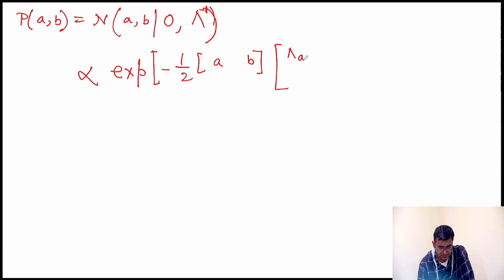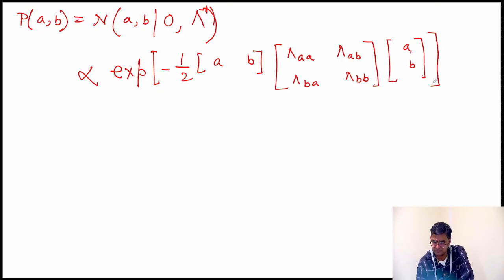Lambda AA, lambda AB, lambda AB transpose, so BA, lambda BB. I'm writing it as a block matrix, assuming A and B are both vectors. If I am only predicting Tn plus 1, then it is a block matrix with two vectors and a scalar. Right? Fine.